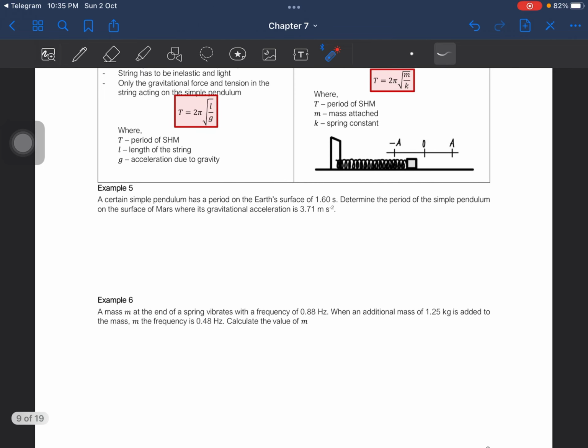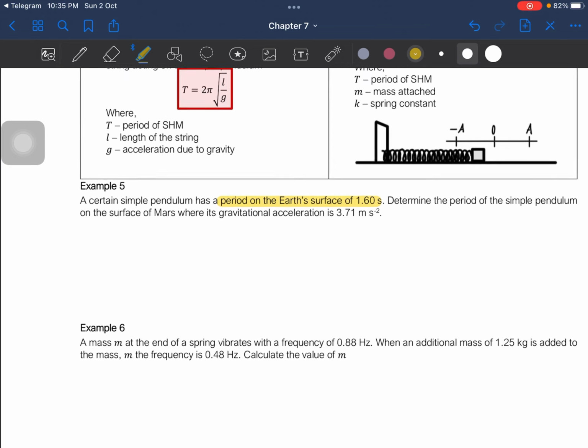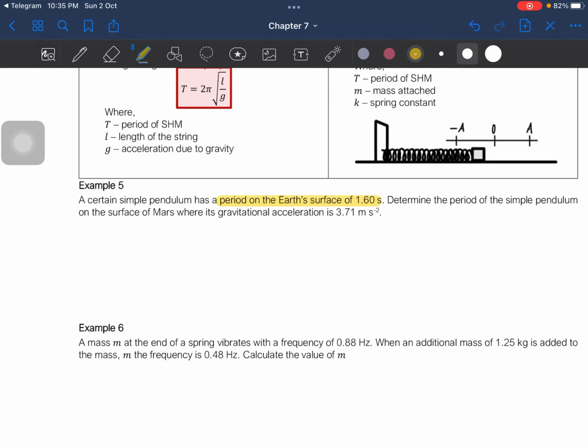A certain simple pendulum has a period on the Earth's surface of 1.6 seconds. So T is equal to 1.6 seconds for Earth. We have to determine the period of the simple pendulum on the surface of Mars, where its gravitational acceleration is 3.71 meters per second squared. Whatever happens, we will start with this formula. But before that, we have to extract the information first.